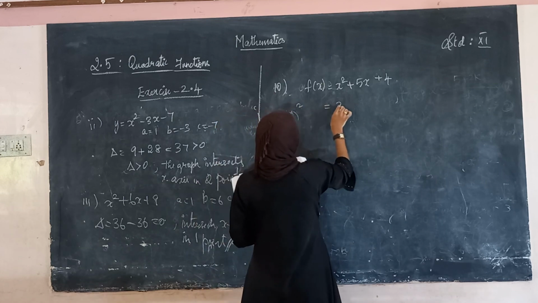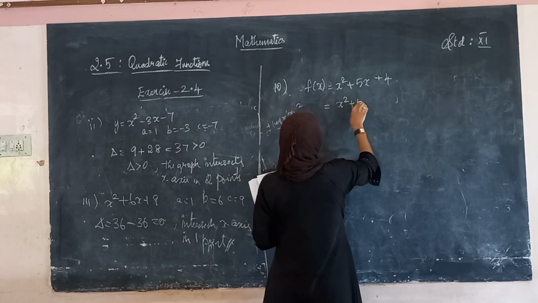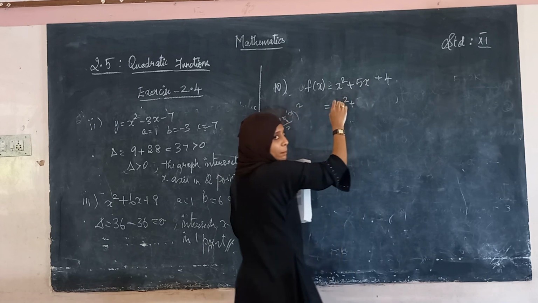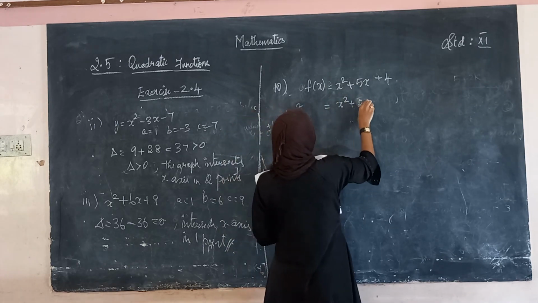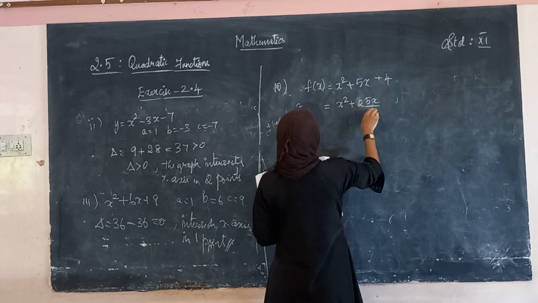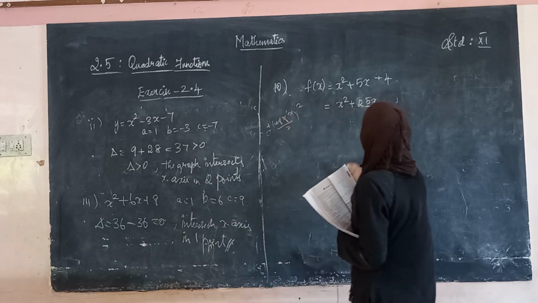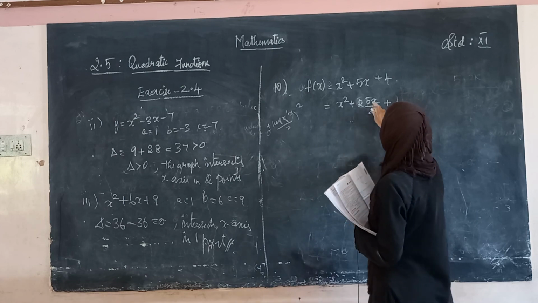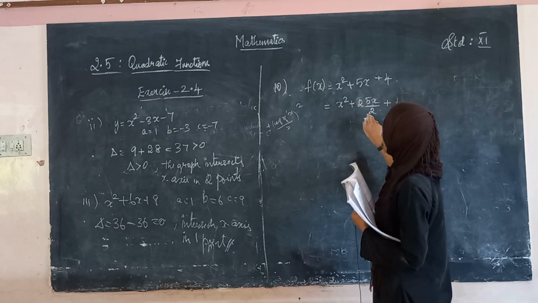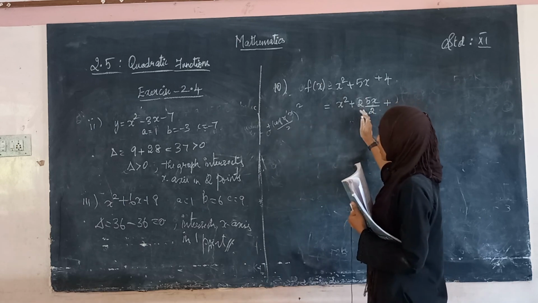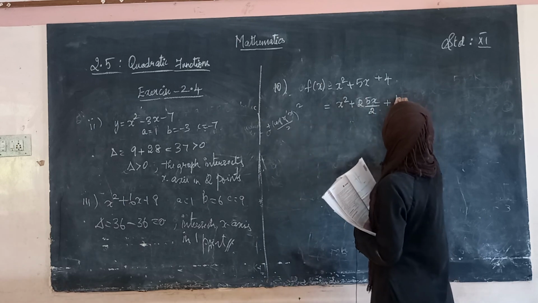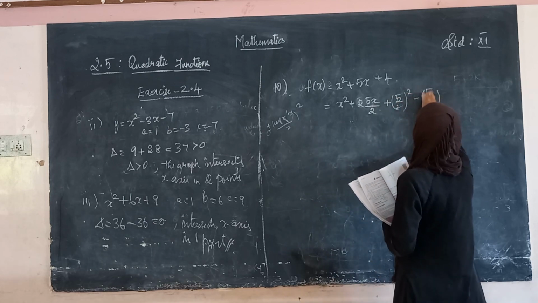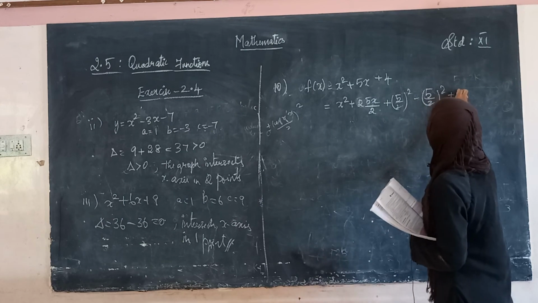This is equal to x squared plus 5x. Okay, see, before that you have to multiply and divide by 2. 2 into 5x divided by 2, plus, okay, so what happens with this one? 5 into 2 divided by 2 means 5 divided by 2, plus 5 divided by 2 the whole square, minus 5 divided by 2 the whole square, the remaining is plus 4.